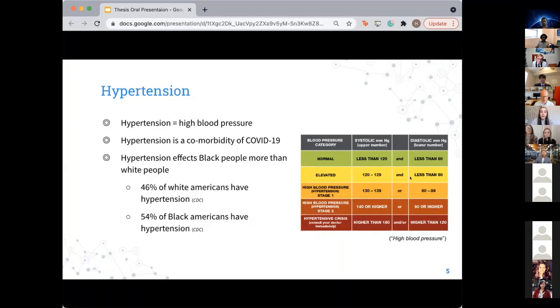What this means is that hypertension makes COVID-19 symptoms more severe, usually resulting in hospitalization or being put on a ventilator. Now, how this connects back to my thesis is that 46% of white Americans have hypertension, while 56% of Black Americans have hypertension. So this could be one of the factors that increases why Black people are dying at higher rates than white people due to COVID-19. But what is causing these hypertension disparities?